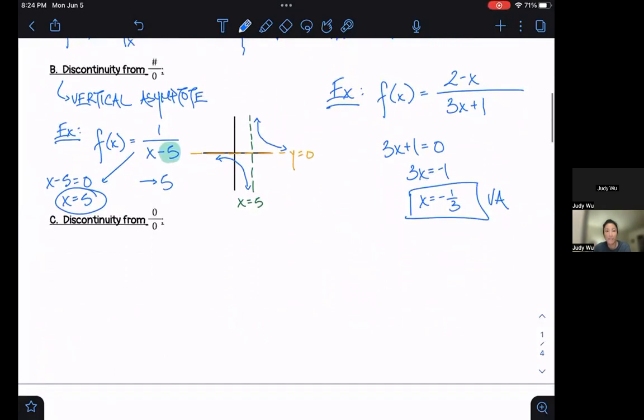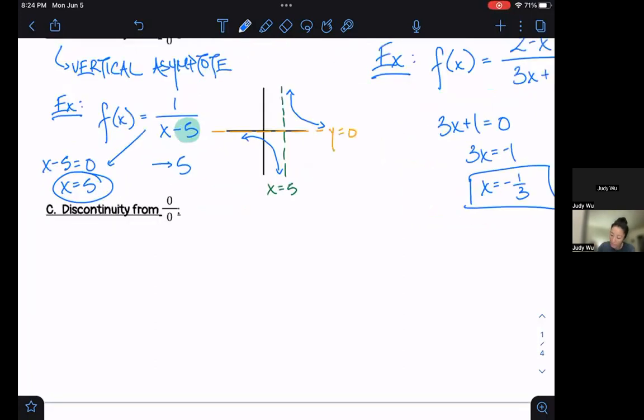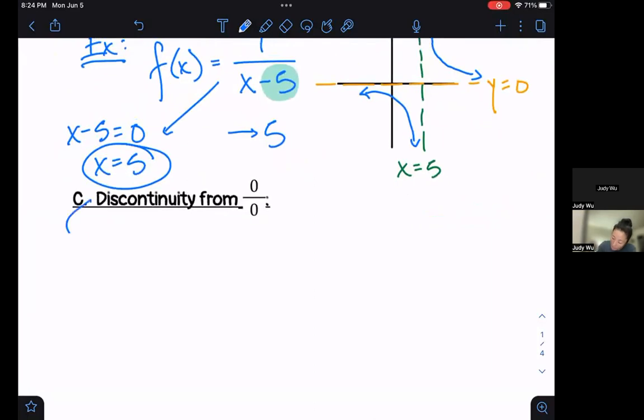Last case here. We're going to talk about discontinuities, but what happens if we have a 0 on the top and on the bottom, like at the same number? Okay, that's going to be a different case. It turns out that when we end up with 0 on the top and the bottom, we end up with a hole in our function, not a vertical asymptote.